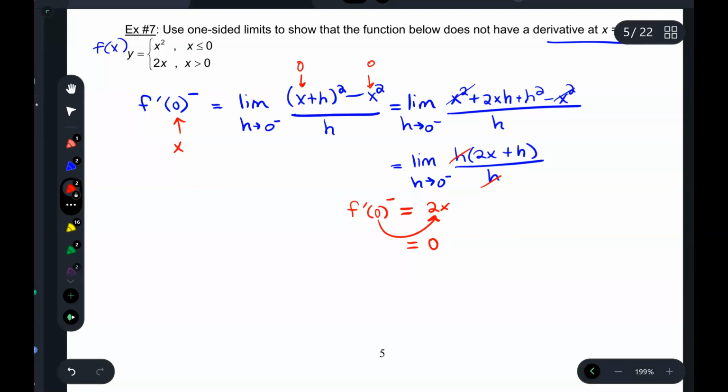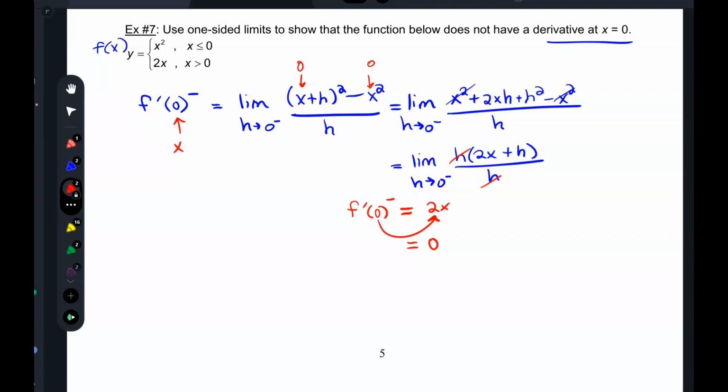The right-hand limit. I'm not even going to do the limit. Why? Because that's an equation of a line. If it's an equation of a line, can't we just look at it and say, what's the slope here? 2. Yeah, you can. So if you have the equation of a line, I don't need to see that whole limit business.